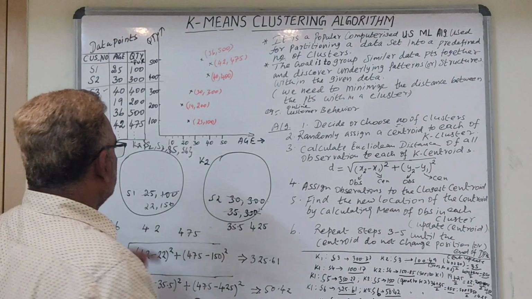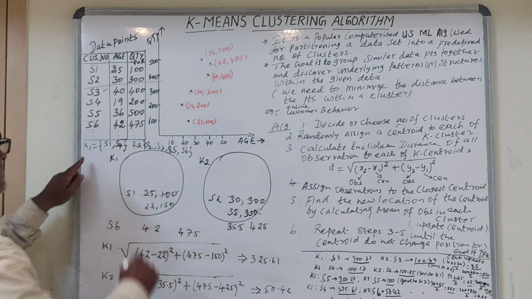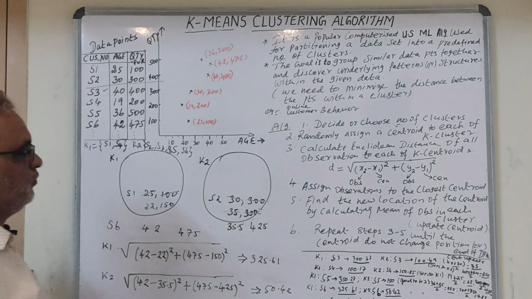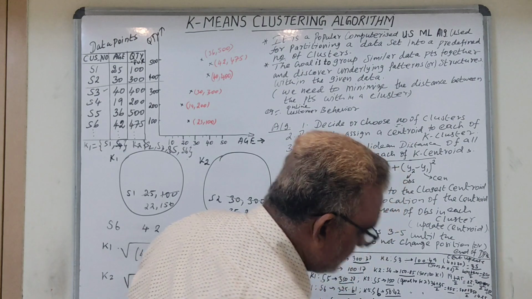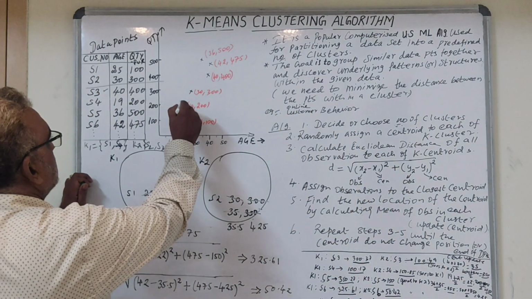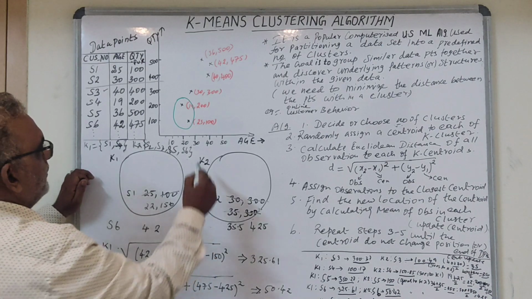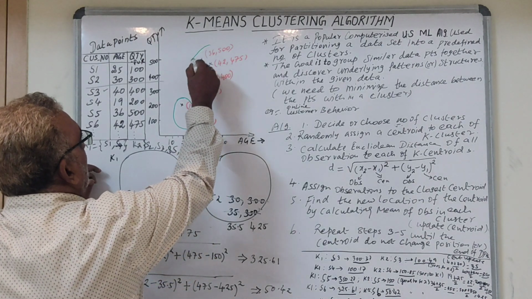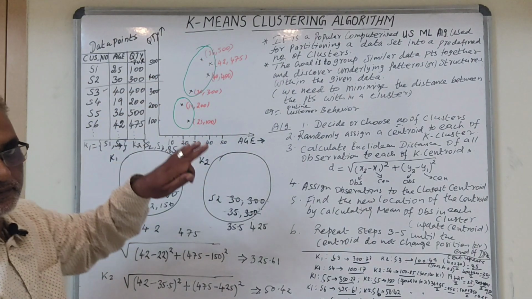So as a result, we are able to identify that cluster K1 contains S1 and S4. You see here, we have the values here. This is one cluster, and all the remaining 4 points come under another cluster.